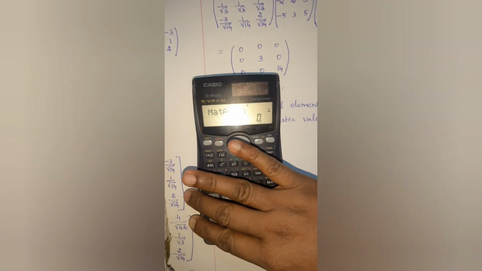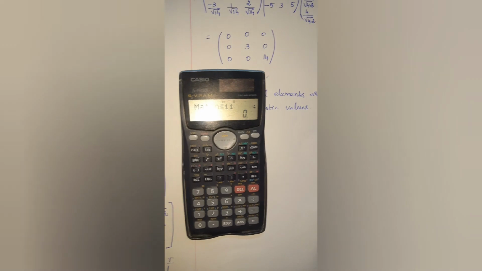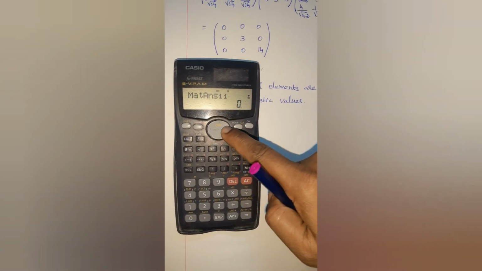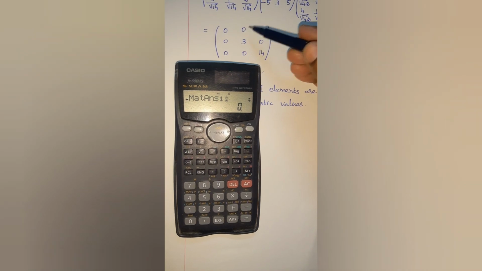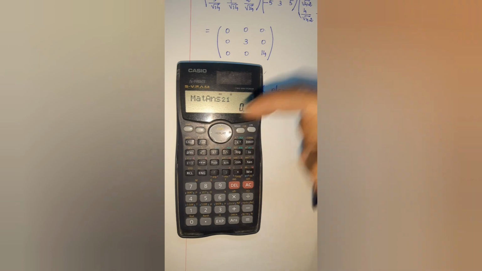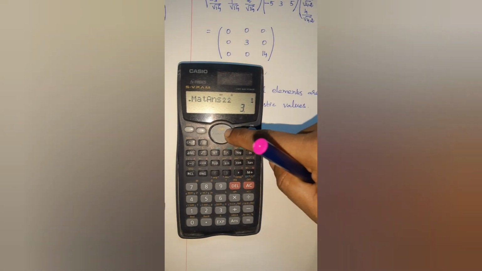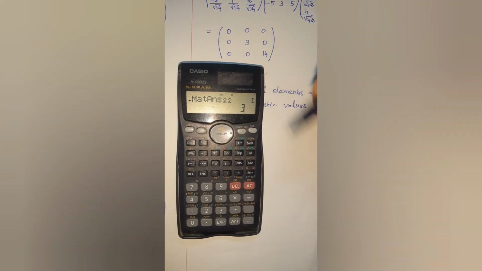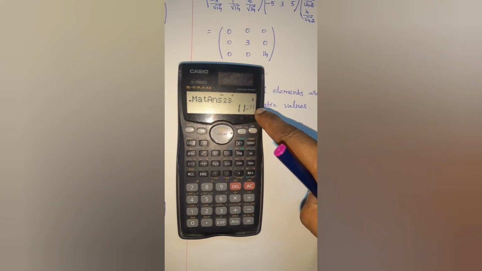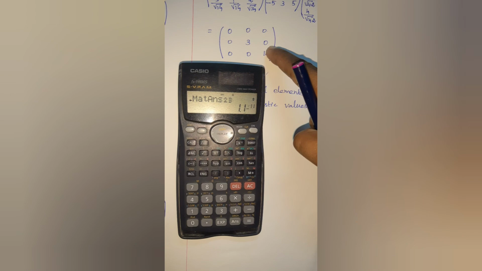Now here you have the answer as 0. Then you press the right arrow. A12 is 0. Press the right arrow. A13 is 0. Then A21 is 0. Then A22 is 3. Then A23 is 1.1 power minus 11, which is simply 0, right?